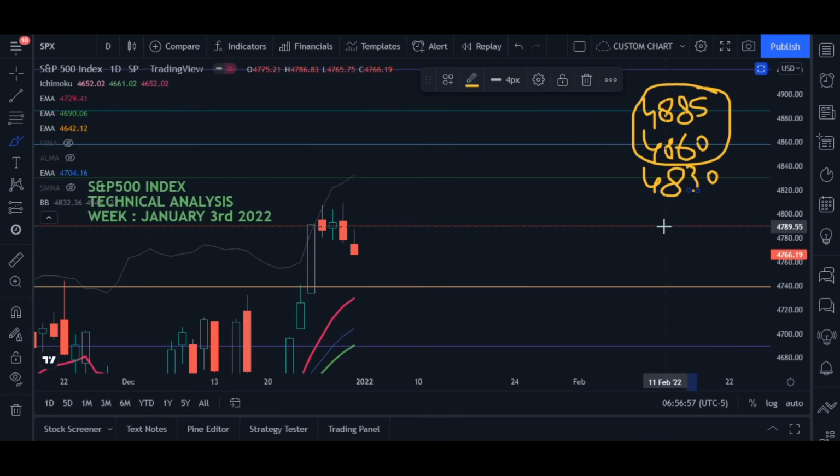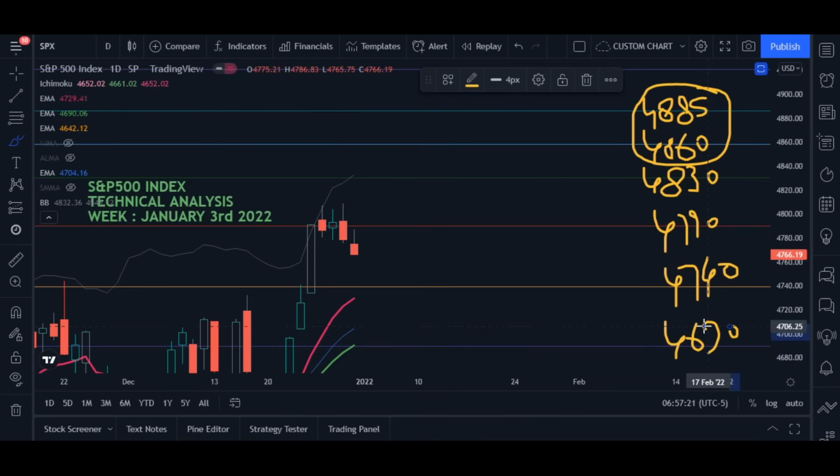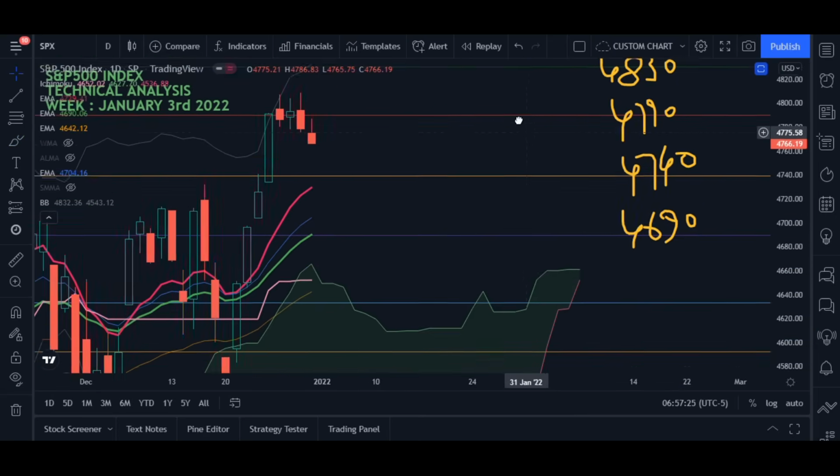Then comes our 4790, then 4740, then 4690.